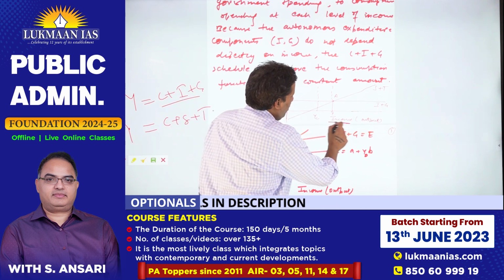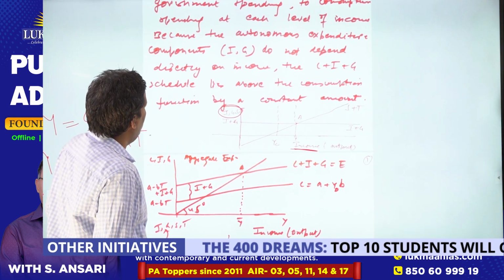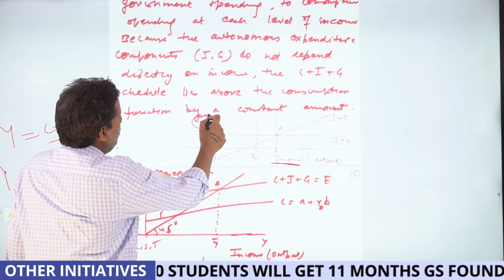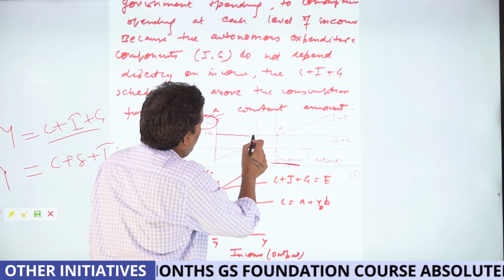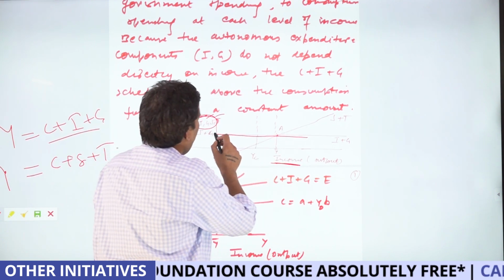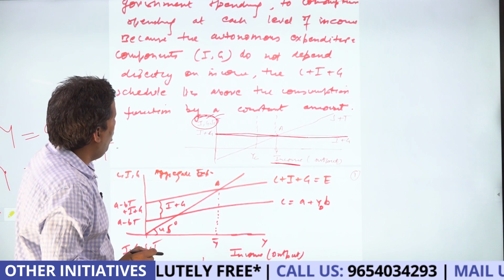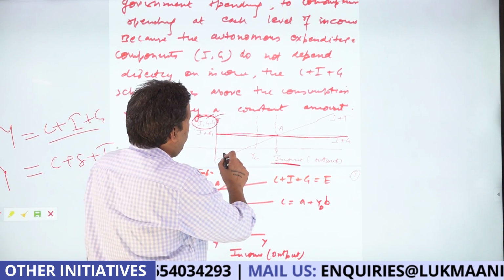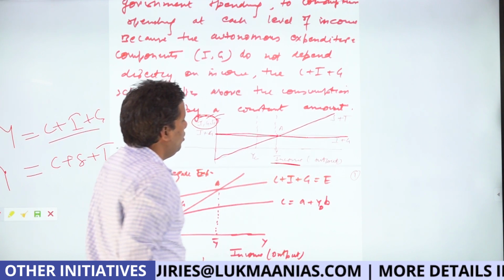Here again income is there, and this is your I plus G plus S plus T. So what is this condition? This is income, investment plus government expenditure. And this graph shows your S plus T, saving plus taxes.